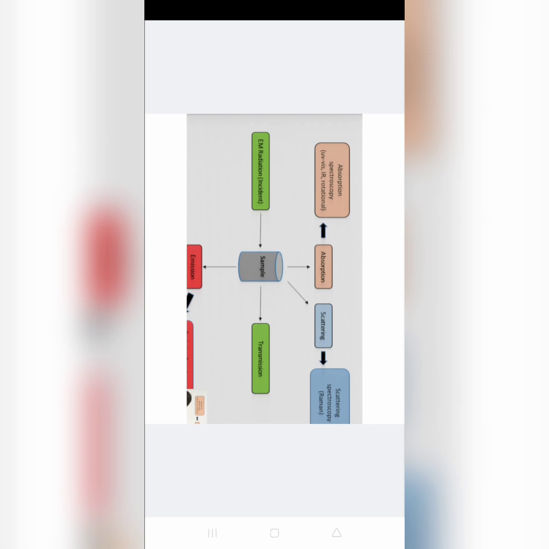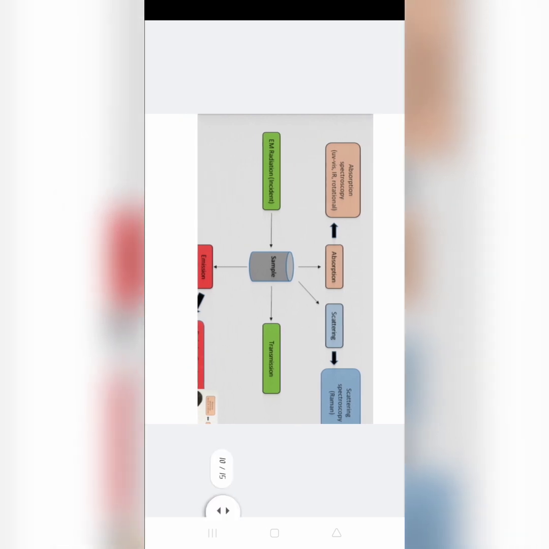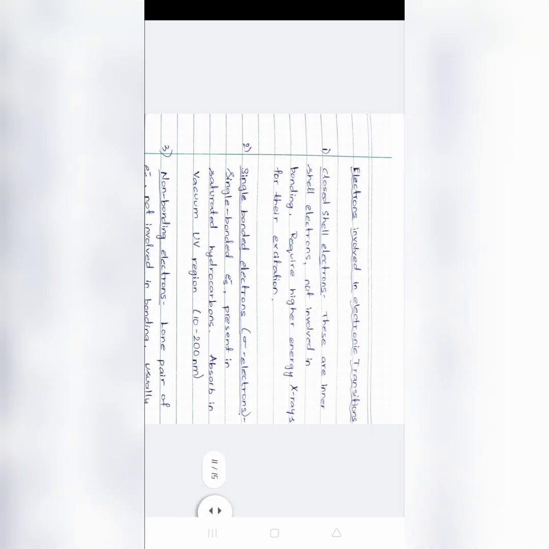This process is known as emission. So they absorb energy from a radiation, move to higher energy states, and come back to lower energy states by releasing a radiation. This release of radiation by an atom is known as emission. So the electromagnetic radiation may be absorbed or transmitted, or emission takes place, according to different types of electromagnetic radiations.